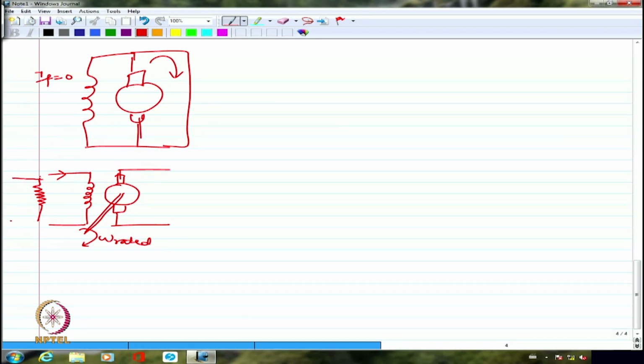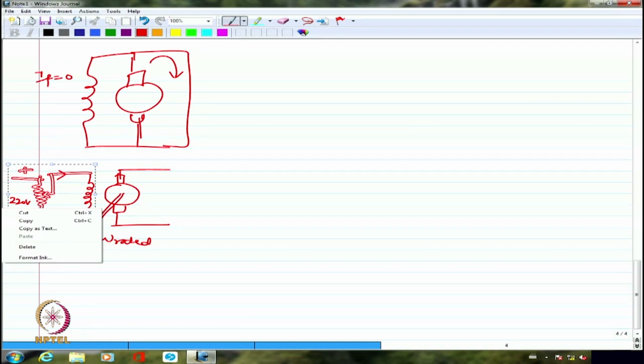So if this is my potential divider, I will connect here this variable point to one of the movable points. So I'm going to apply basically plus minus maybe 220 volts DC, for example. So if I bring down this voltage to 0, right, with hardly any resistance included in the position, I will get literally 0 current going through the field circuit.